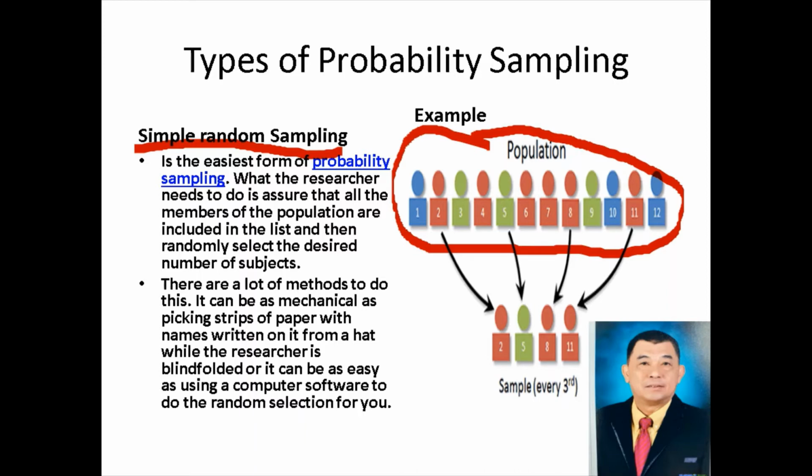That is one. Another could be as easy as using computer software to do the random selection for you. So that's the second method for simple random sampling.